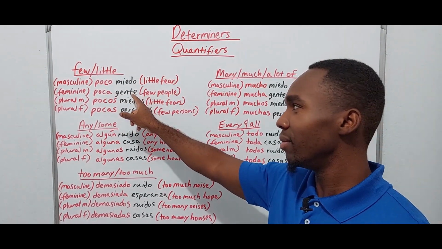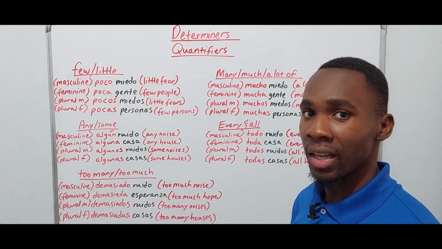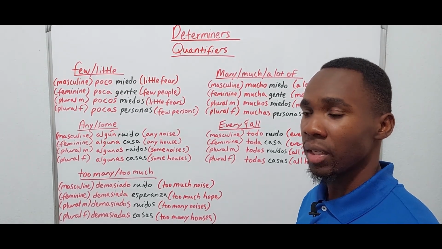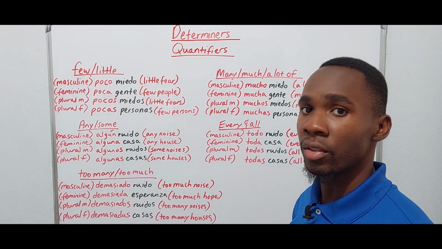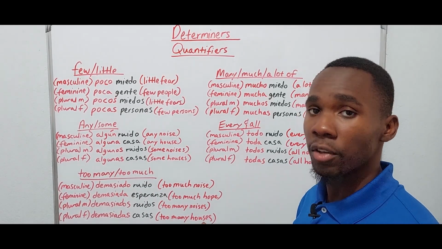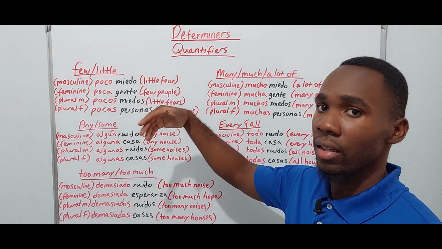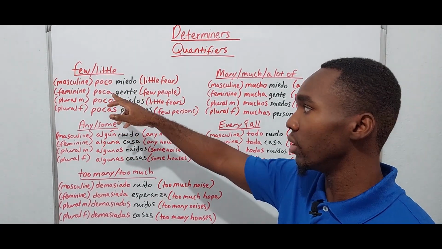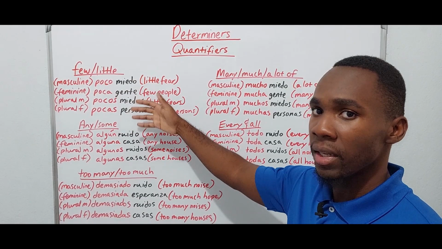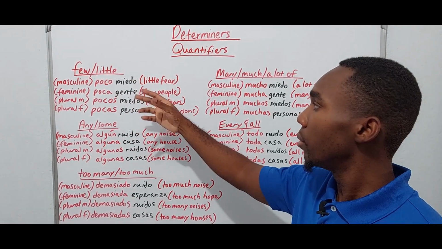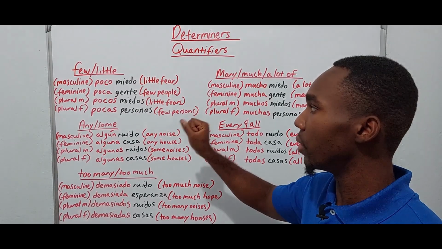Now, you would think that gente is plural, but in Spanish it is singular. The word itself is singular, but of course it refers to a lot of persons. So we use the singular feminine quantifier, poca gente, few people.